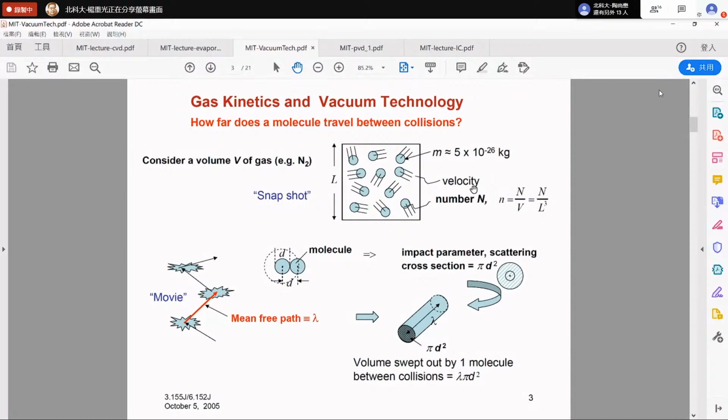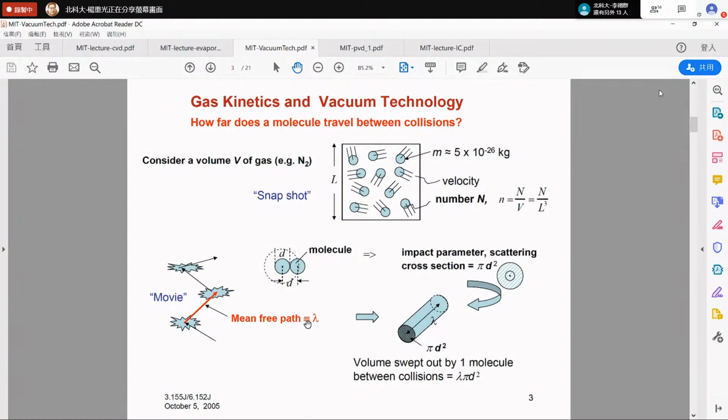This is the velocity, and this is the mass of the nitrogen atoms. So altogether, we can calculate the kinetic energy. And this is how many nitrogen molecules there are in a specific volume.